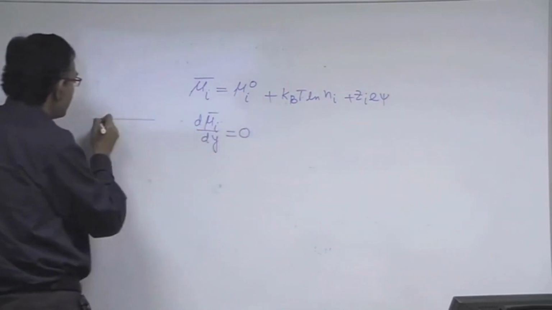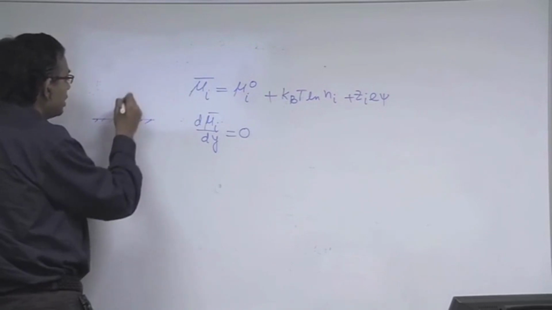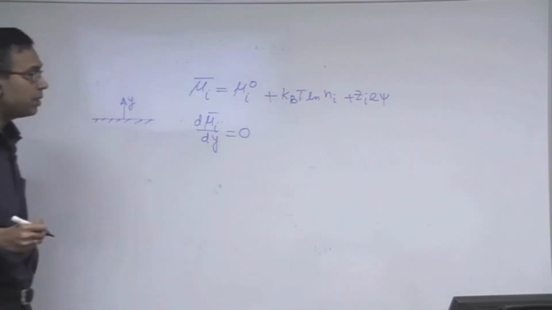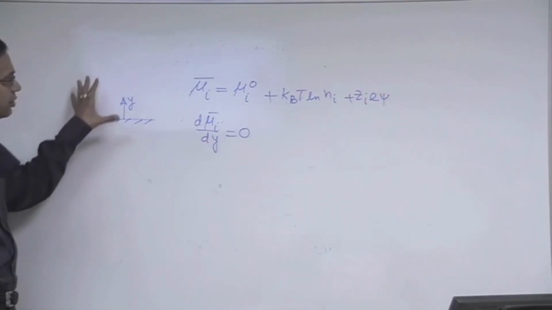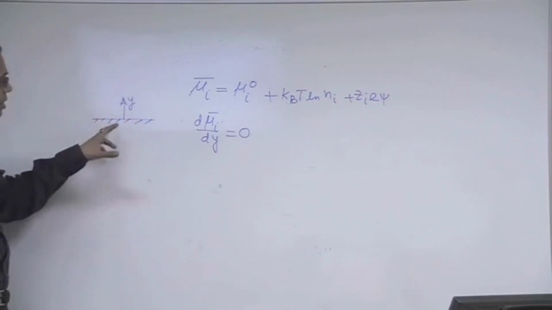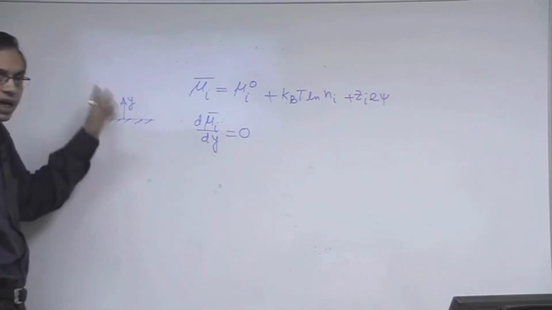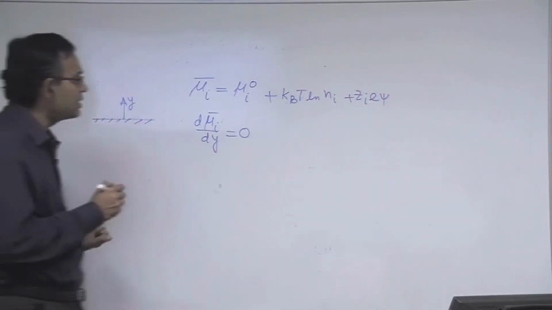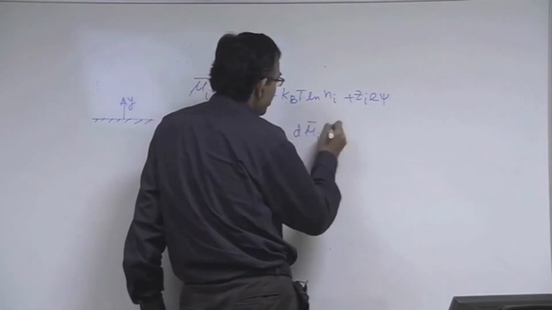If this is the plate solid boundary at which the electrical double layer forms, then this y direction is perpendicular to it. Or if you are forgetting about any direction, whether the direction is y, x, z or whatever you want to generalize, you can simply write d mu I bar equal to 0.